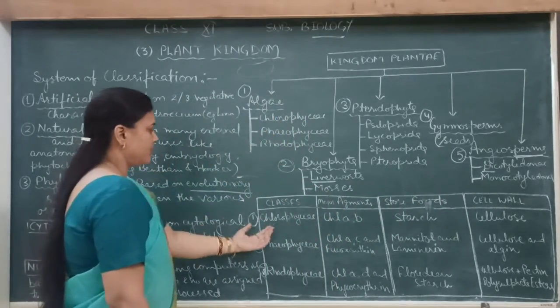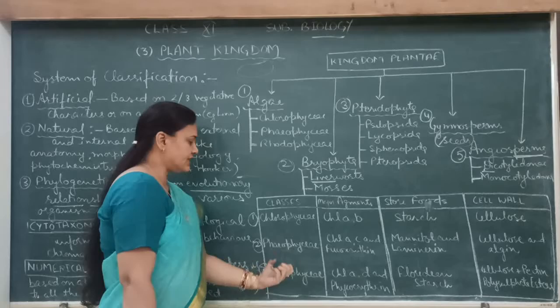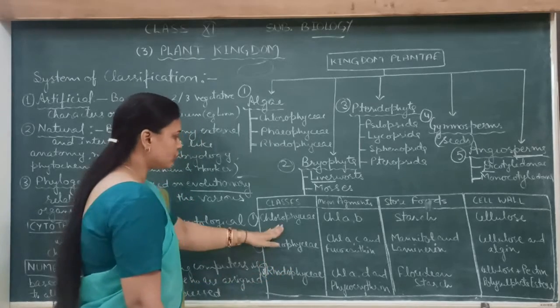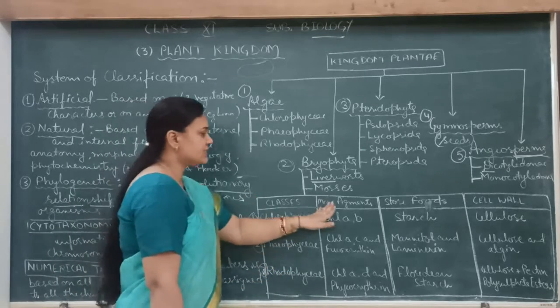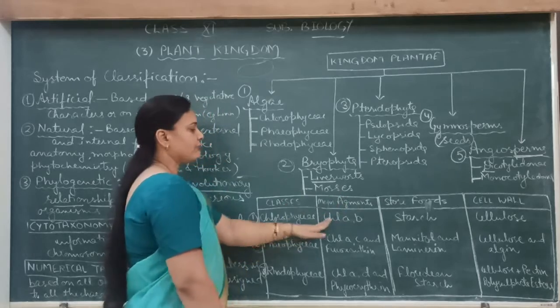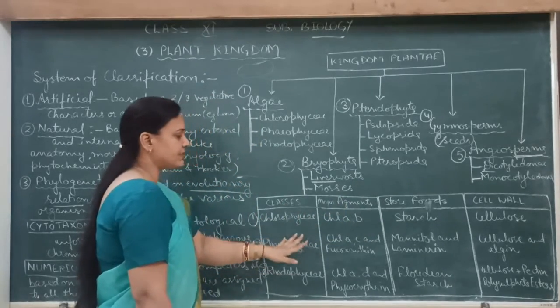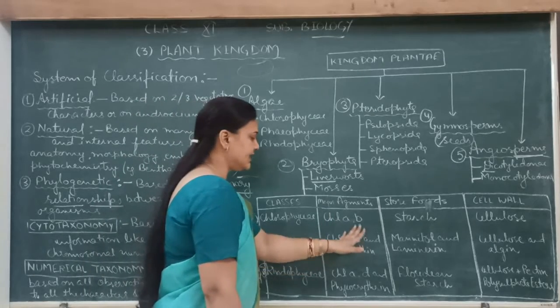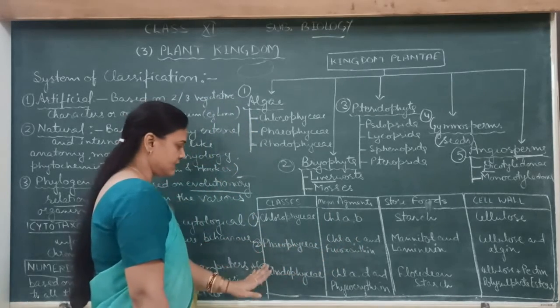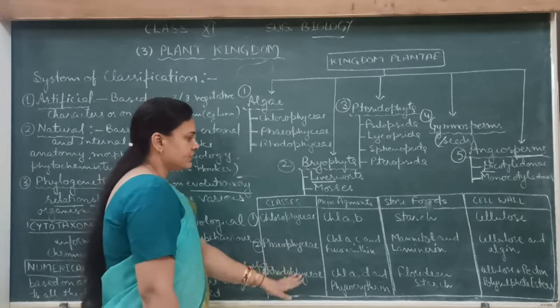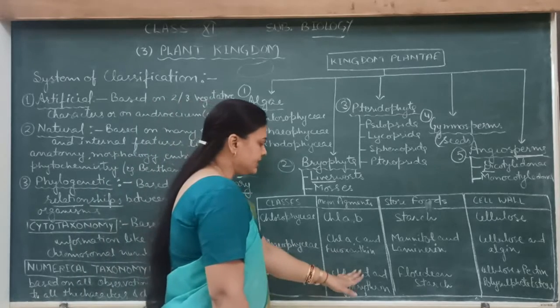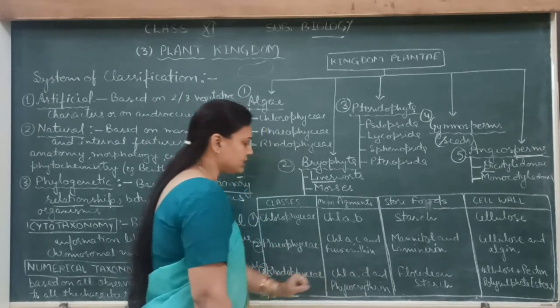First we compare Chlorophyceae with Phaeophyceae and Rhodophyceae. In Chlorophyceae, the major pigments are chlorophyll a and b. In Phaeophyceae, the major pigments are chlorophyll a, c and fucoxanthin. And in Rhodophyceae, the major pigments are chlorophyll a, d and phycoerythrin.